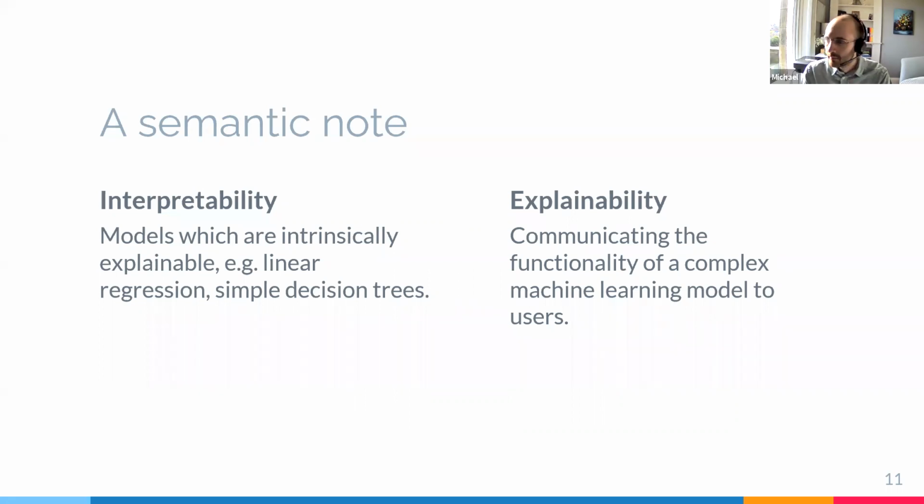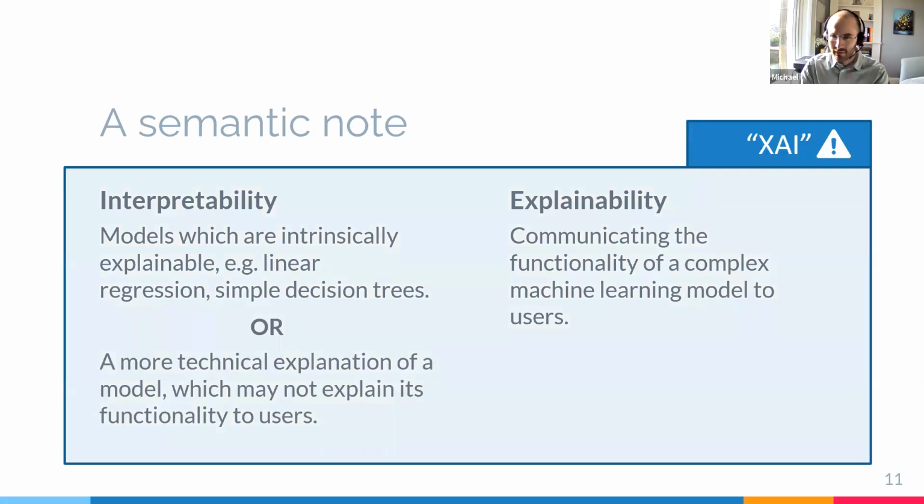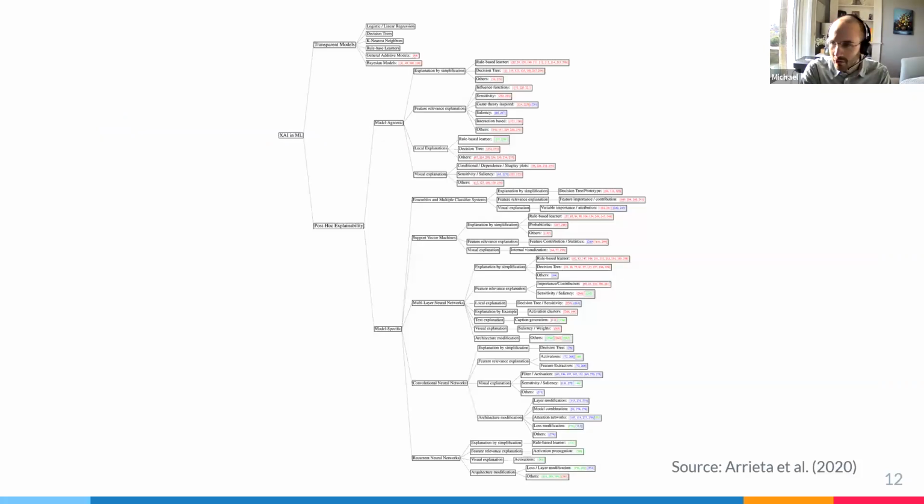Whereas explainability is where we actually use some sort of alchemy to communicate the function of a more complex machine model to users. There are other definitions of interpretability. Sometimes it means a more technical explanation of a model, and often these, to be honest, are used quite interchangeably. So there's a little bit of caution needed.